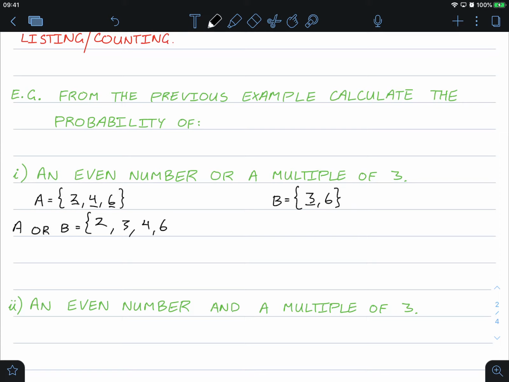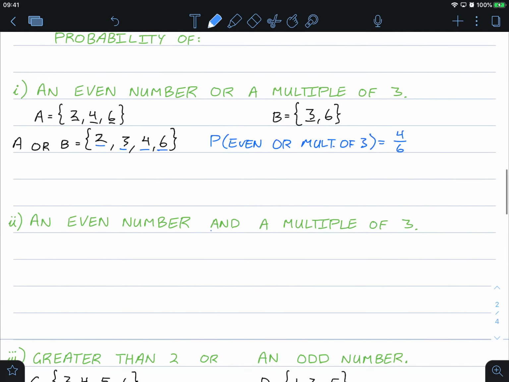So we wouldn't write this as 2, 3, 4, 6, 6, because we don't count the 6 twice. So there is the result. The probability that it is even or a multiple of 3, we can count the group: 1, 2, 3, 4. It's 4 out of 6.